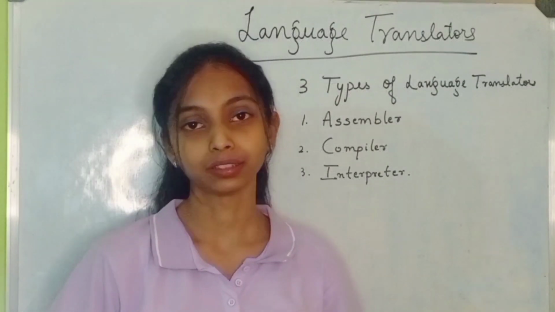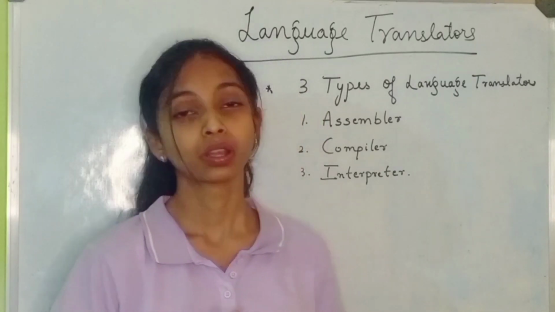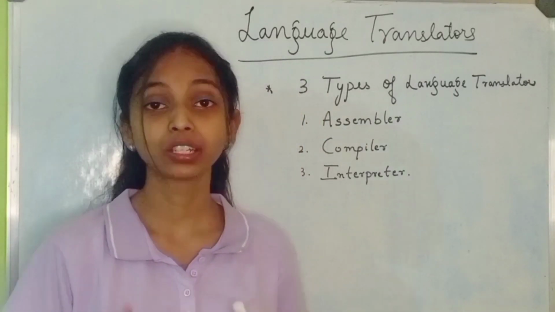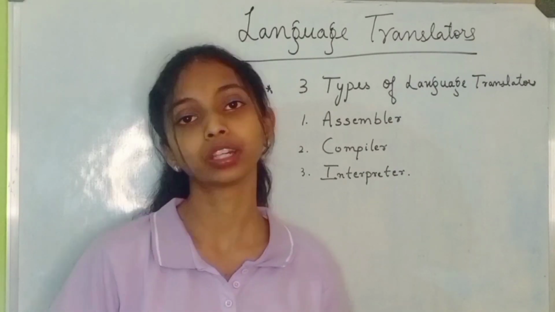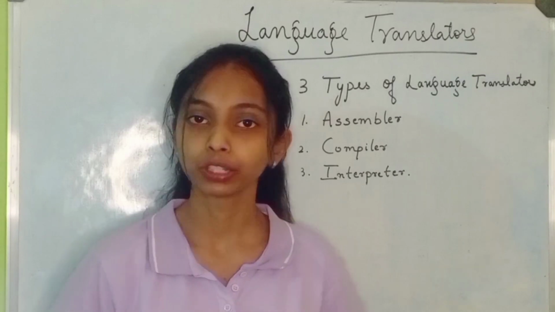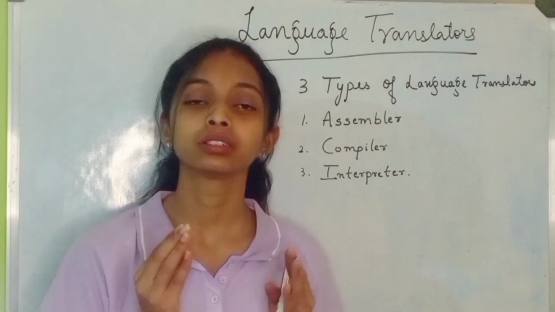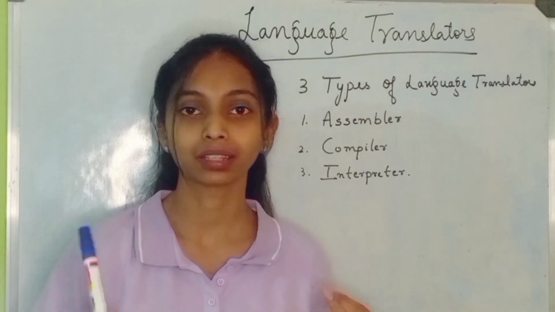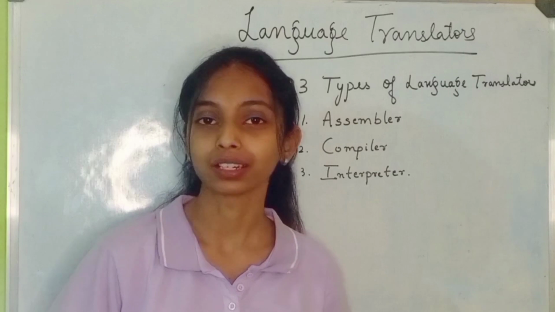As discussed earlier, the only language the computer can understand is the binary language. For an example, if you write any code by using the binary languages, the computer will definitely understand, which is absolutely fine for us. For example, if you write any code by using the high-level programming languages like C, C++ and all, the computer will definitely not understand.